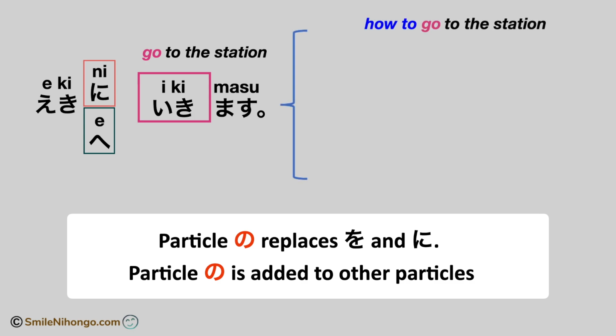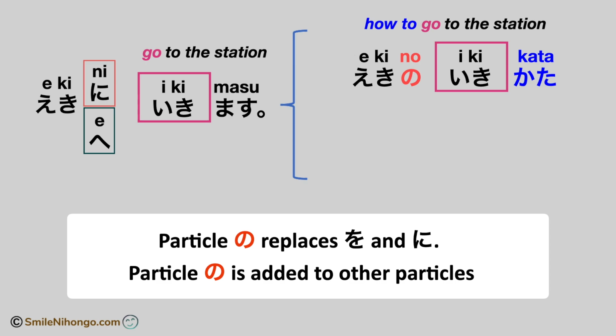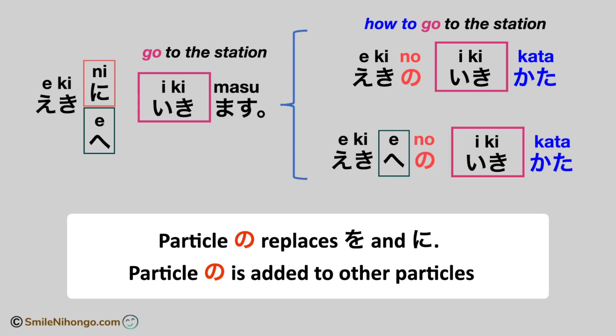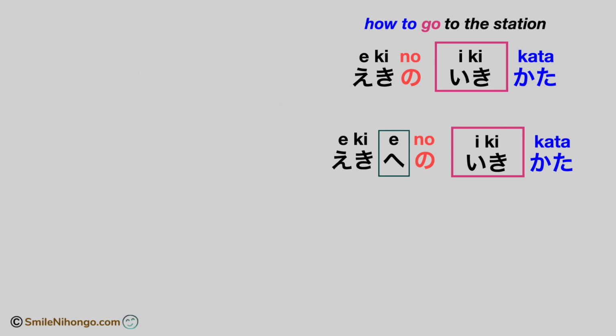So, how to go to the station can be either 駅の行き方 or 駅への行き方。You drop the particle に but you have to keep the particle へ when you use the destination in the phrase how to, kata.